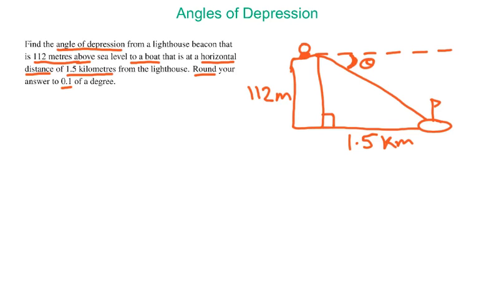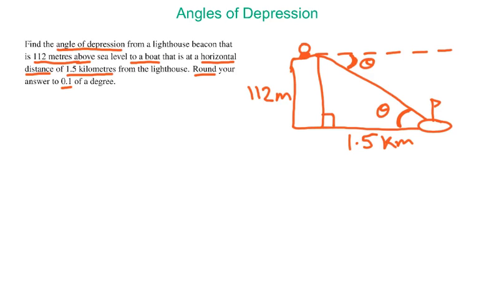And this is where the topic of parallel lines can help us out, because this angle where we're trying to find theta will be the same size as this angle here because of alternate angles. So this angle here, we can also label it theta. They will be exactly the same size.